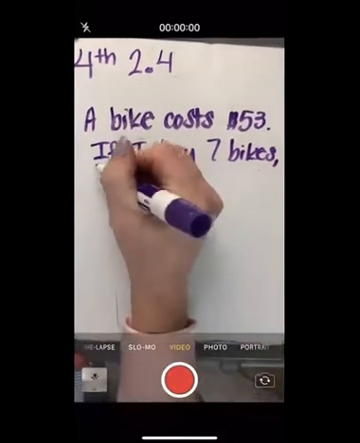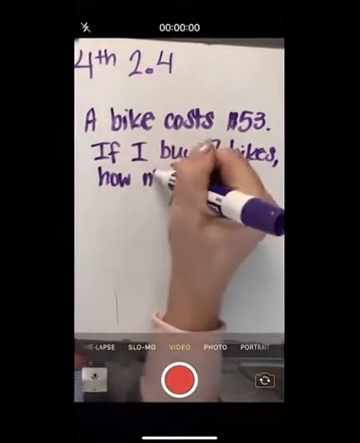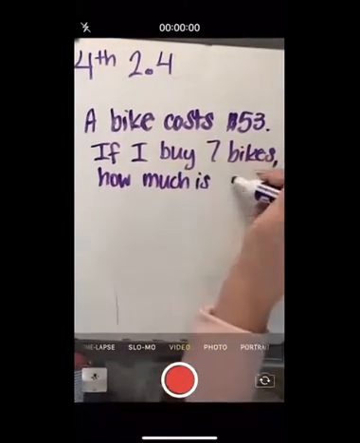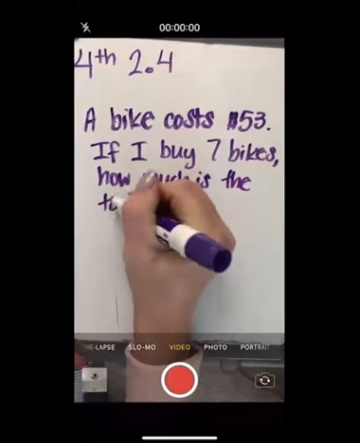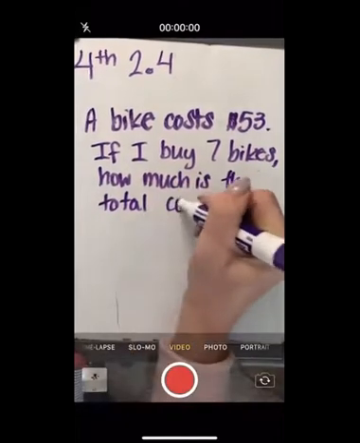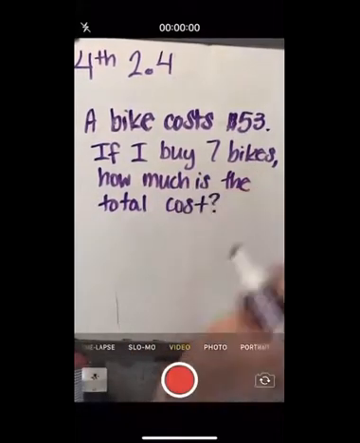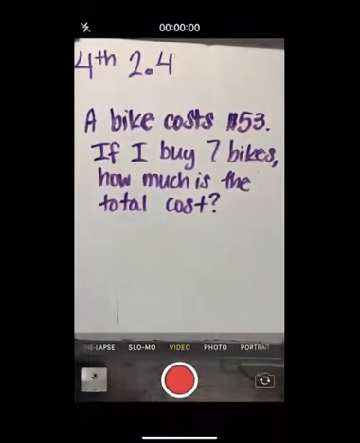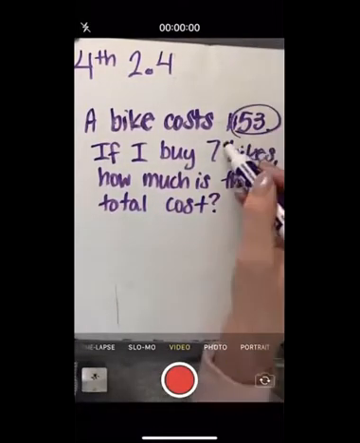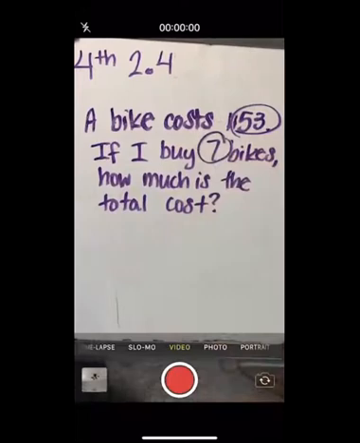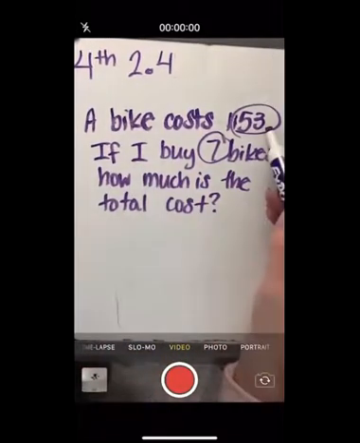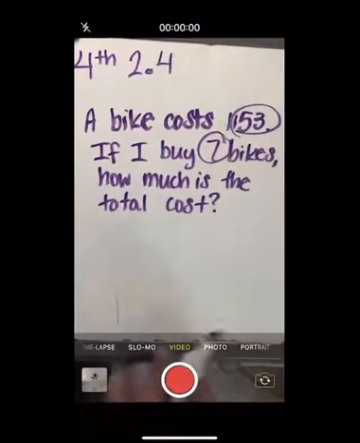How much is the total cost? So again, I want to make sure I pull out my numbers. I see 53 and I see 7. And it's not saying I spent $53 on 7 bikes. Then I'd be dividing.